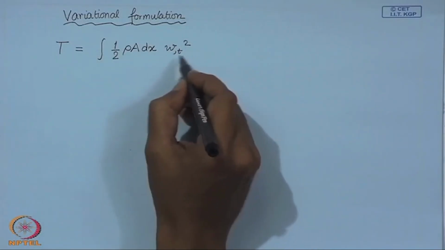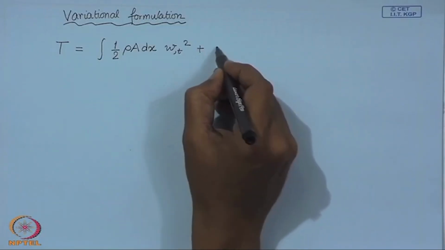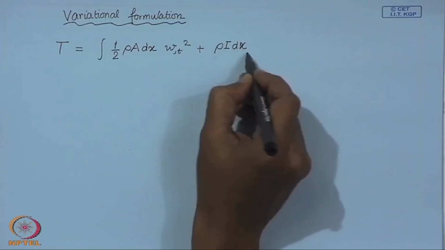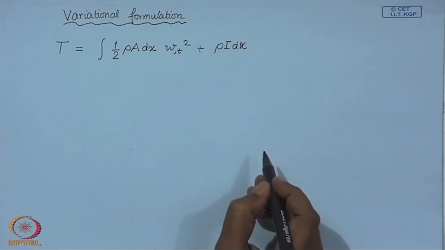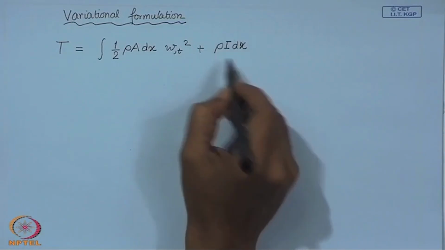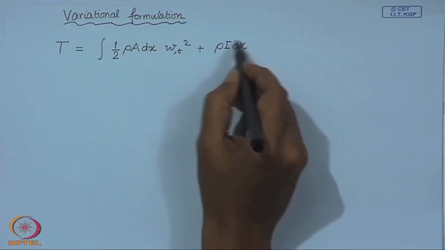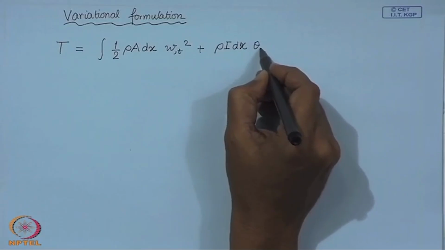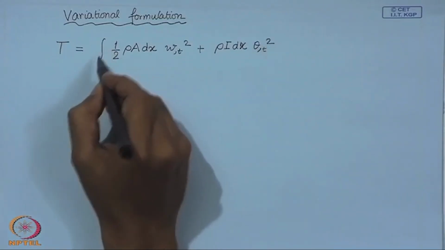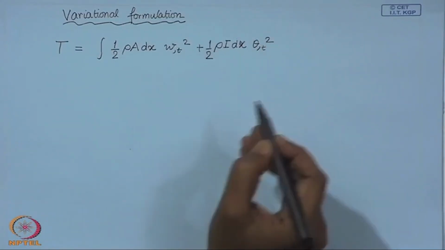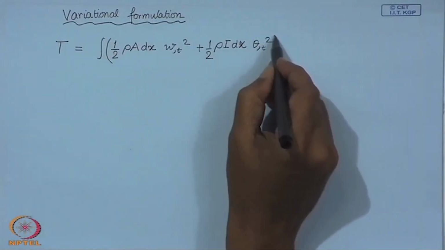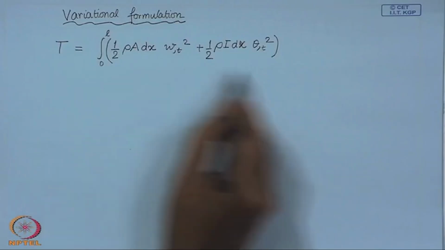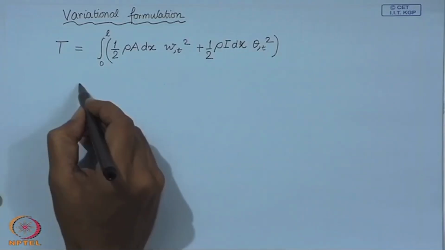So, that is the translational kinetic energy plus the moment of inertia of the little element times the angular velocity squared and half, and this when integrated over the length of the beam will give us the total kinetic energy.